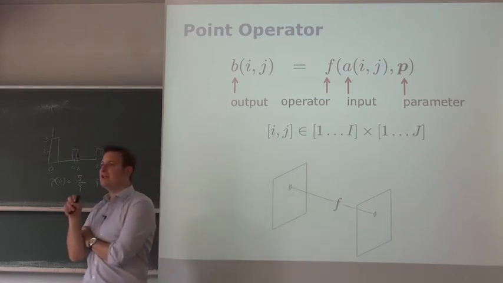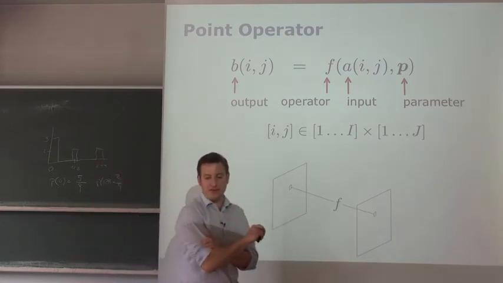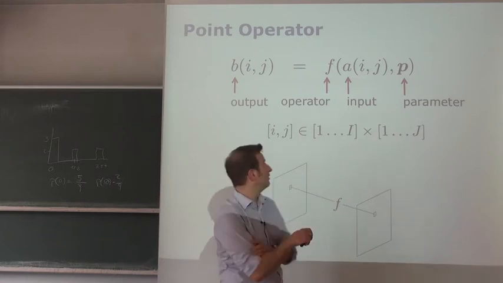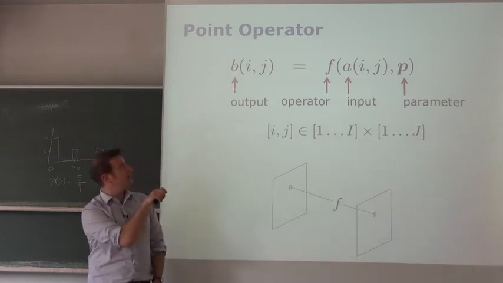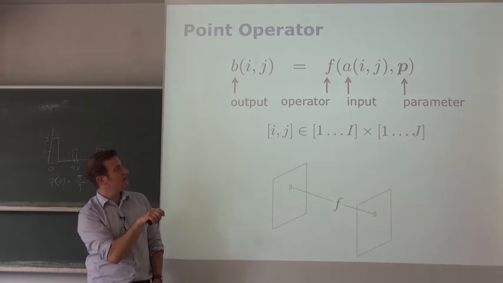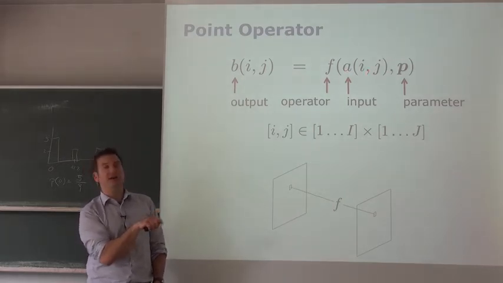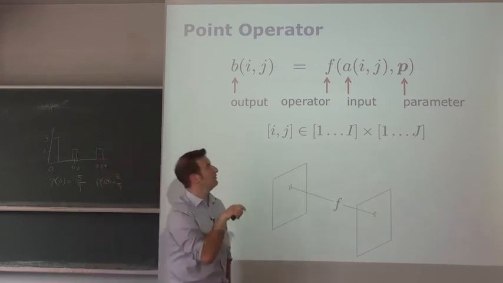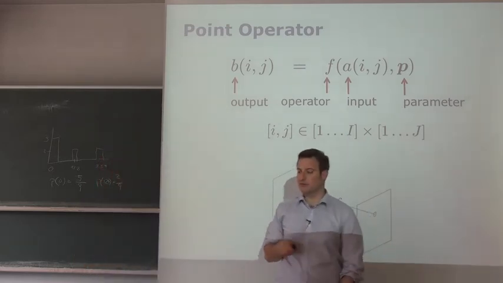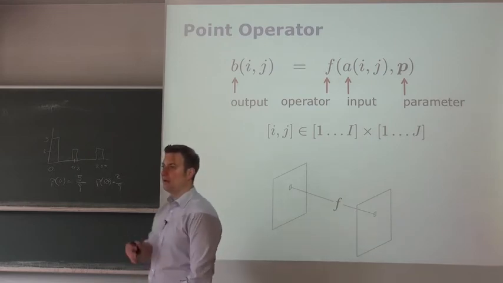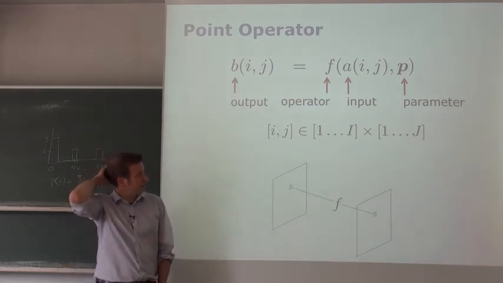Only the pixel ij in the input image influences the pixel ij in the output image. This is one pixel in the output image, ij. This is our input image, and p is a parameter needed to compute the operator.